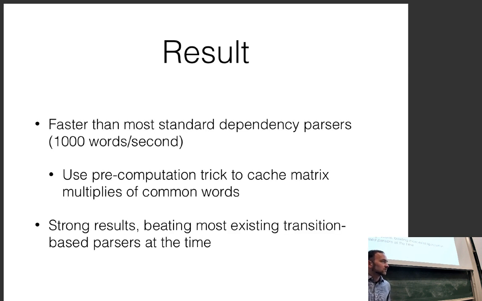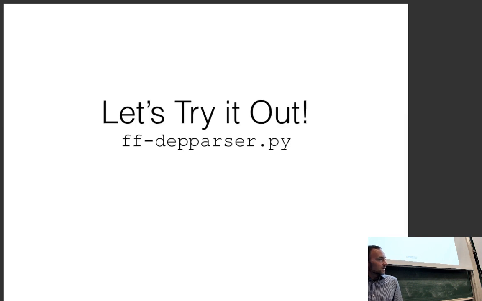This also gave strong results and beat most existing transition-based parsers at the time. So the really nice thing about this, I think, is still its speed, and you can still use this in the Stanford parser if you want to parse gigabytes of text or something. And we have an example of implementing this feed-forward dependency parser here, which I believe Dan wrote several years ago or something like that.